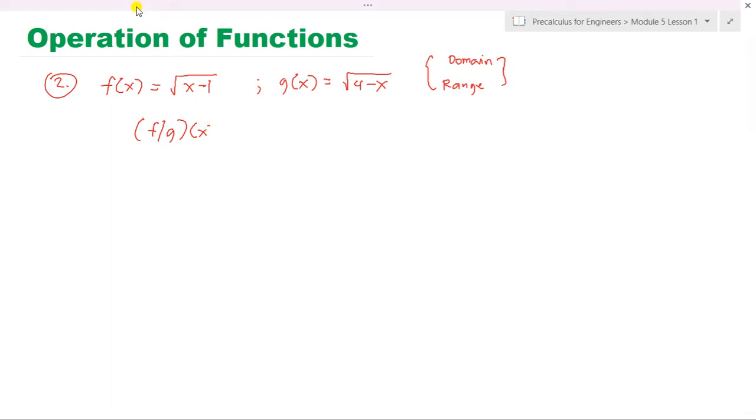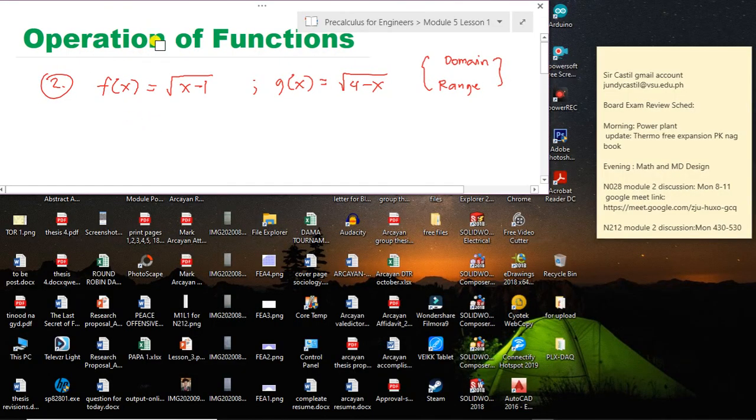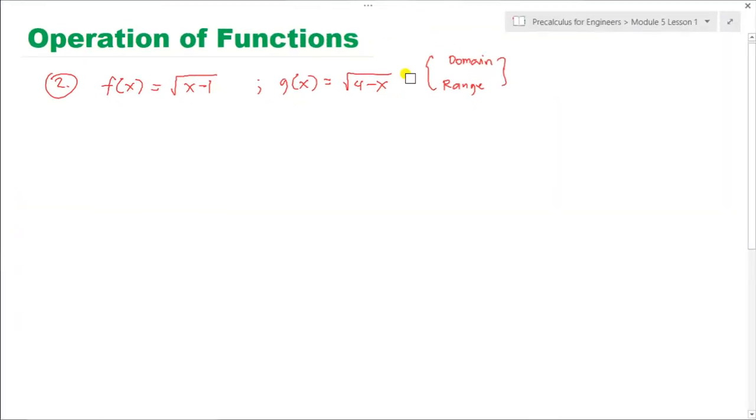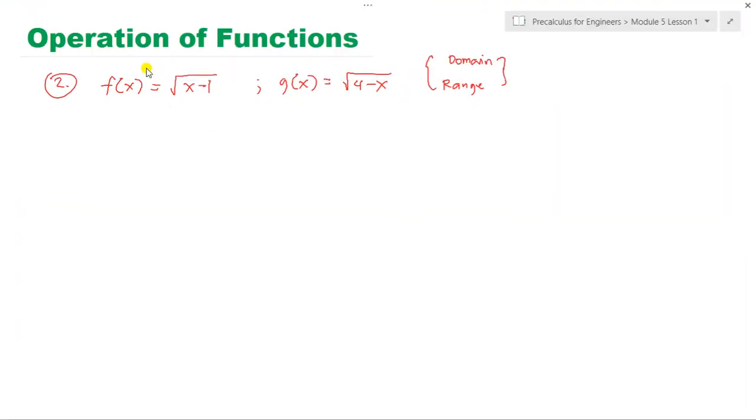So let's finish this division from the previous one. Okay, now composition. In composition, let's say we have f composed with g, f contains a circle. This is just the same as f of g of x, where we substitute into the variable x of function f.